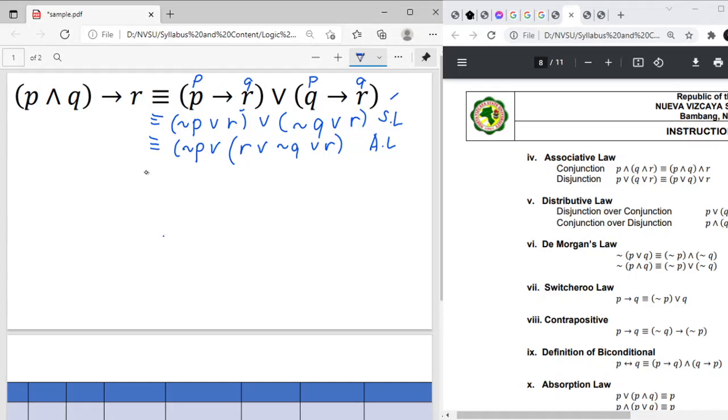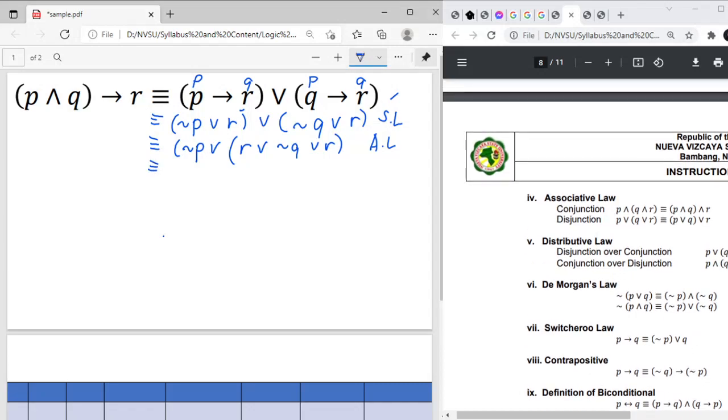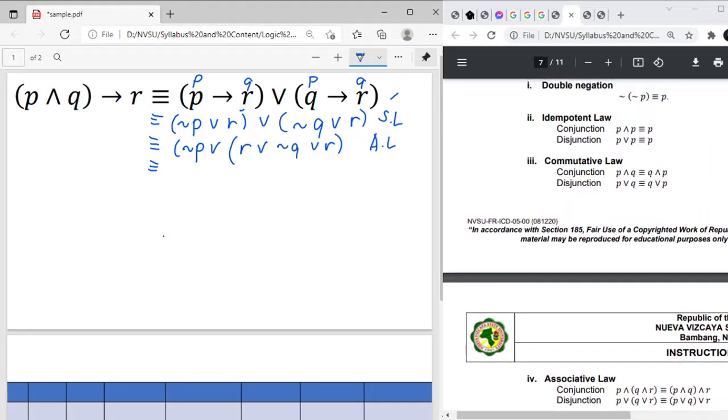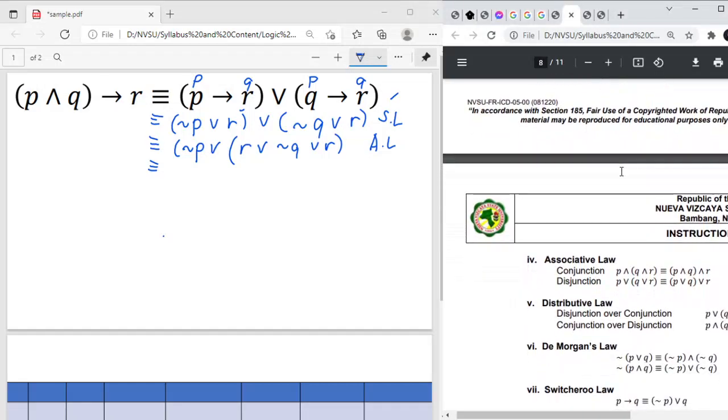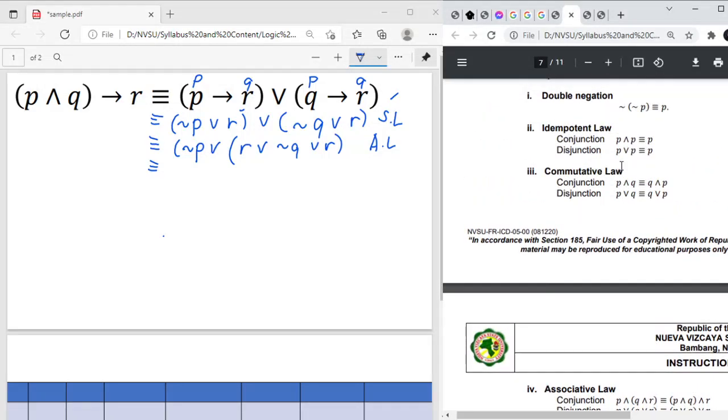Next, after natin ma-perform yung associative law, ano bang target natin dito? Ang target natin dito is mapagsama yung R and R. Kung gusto natin mapagsama yung R and R, we can make use of the commutative. Pag sinabi natin commutative, that speaks of the order.